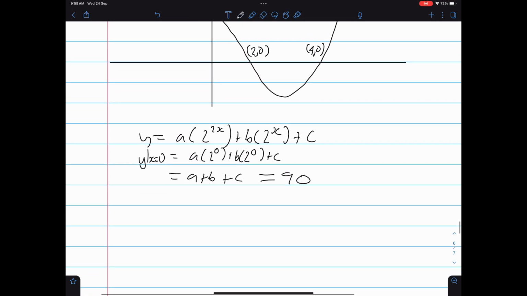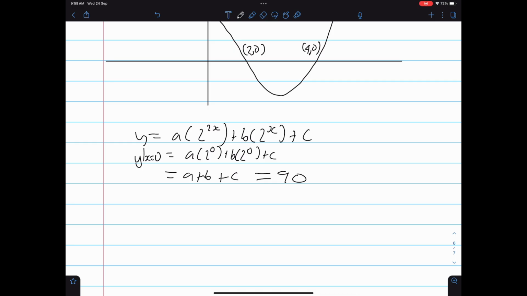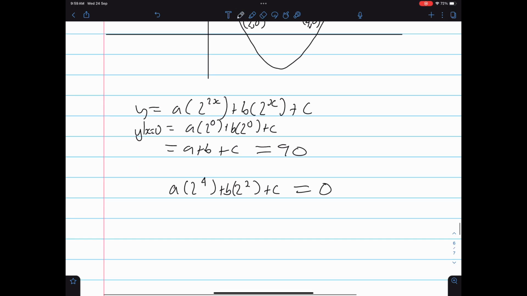Then a 2 to the power of 2x plus b 2 to the power of x plus c will equal 0 when we replace x with 2. This would become 4 and this would become 2. And we can simplify this.